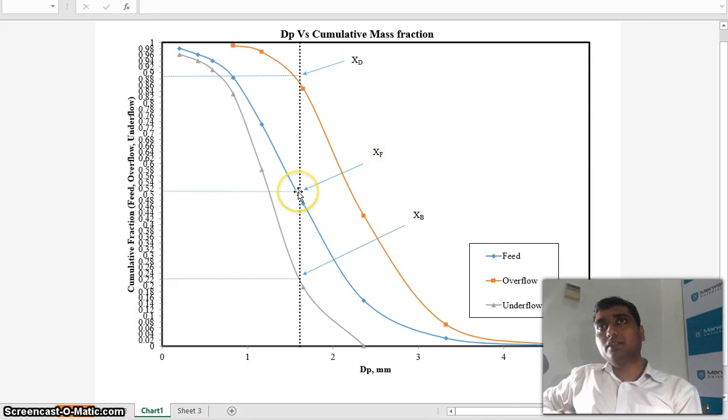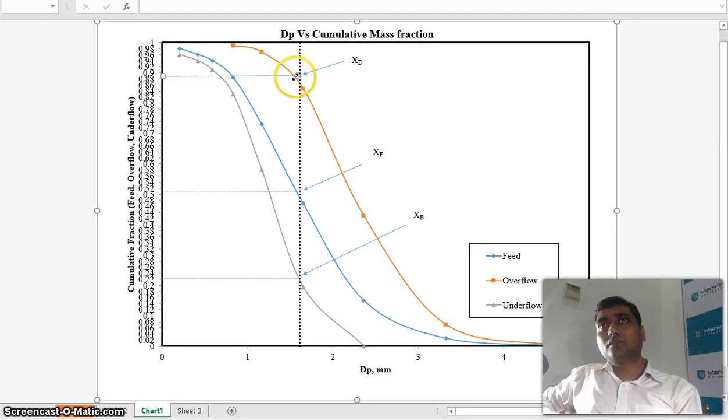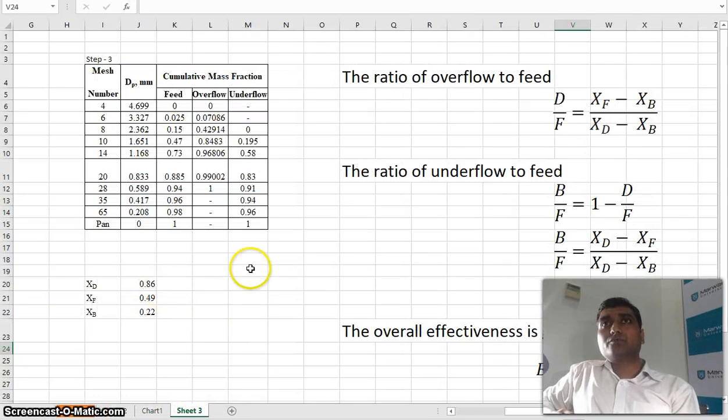So if you look at this, you will be able to see some values, right? The values which we are getting are xd as 0.86, xf 0.49 and xb 0.22. As you are aware, we have the various equations which are used to find out the overall effectiveness, right?